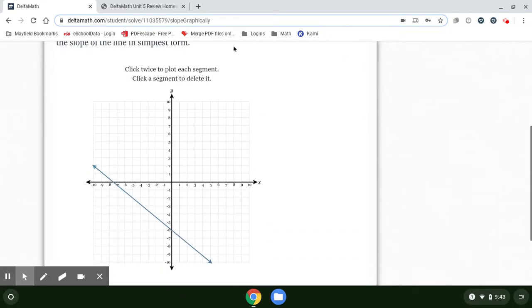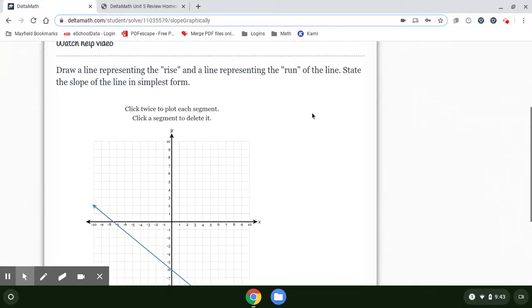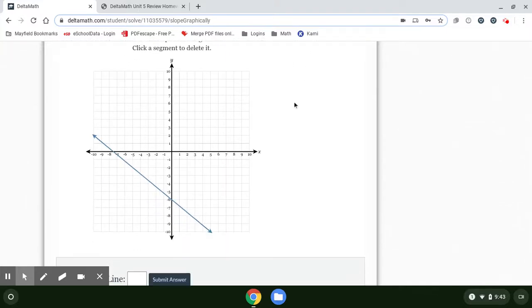Same thing again. I need to draw my line that represents this, and I need to find my slope. So this time I'm just going to use my mouse. I'm going to put a point right at the y-intercept. If I look along the line, it really doesn't meet again until it gets down here. So I need to draw and be careful.